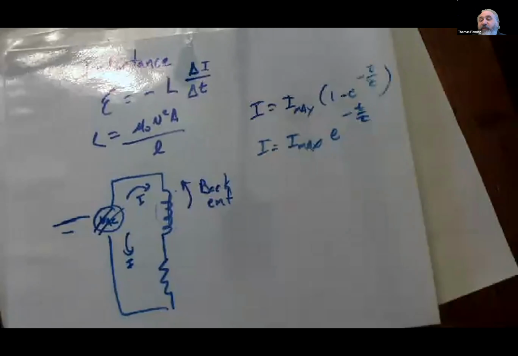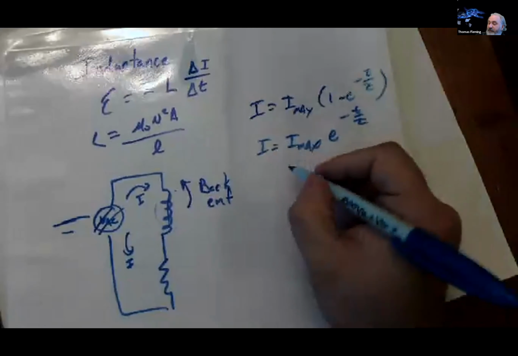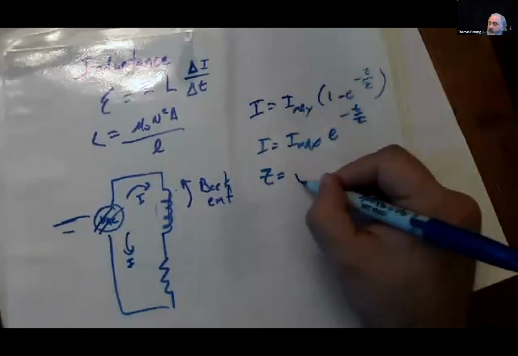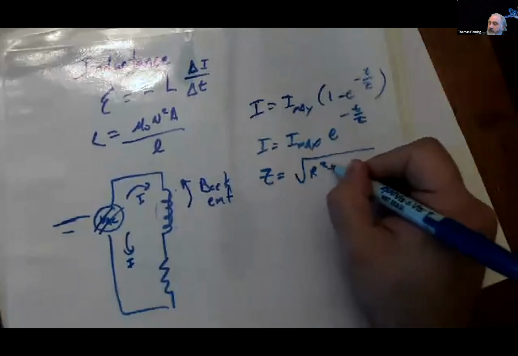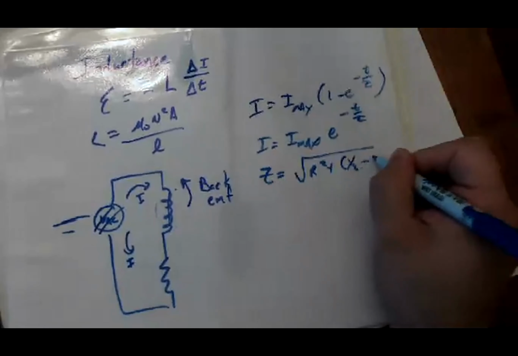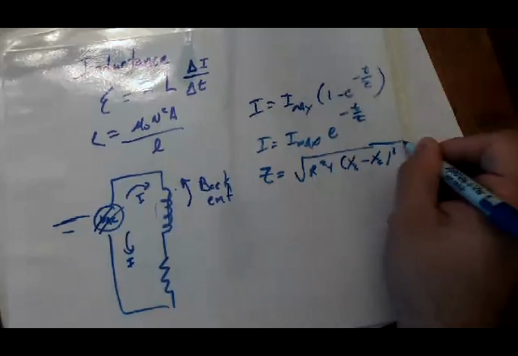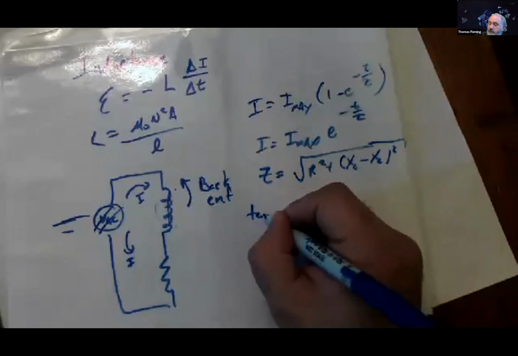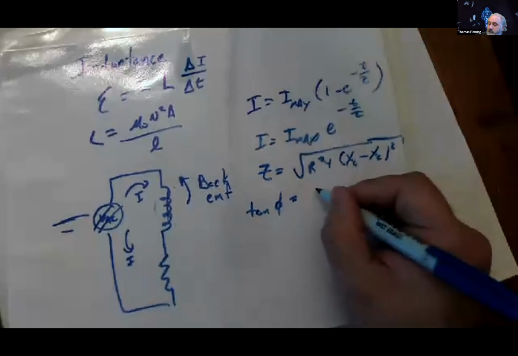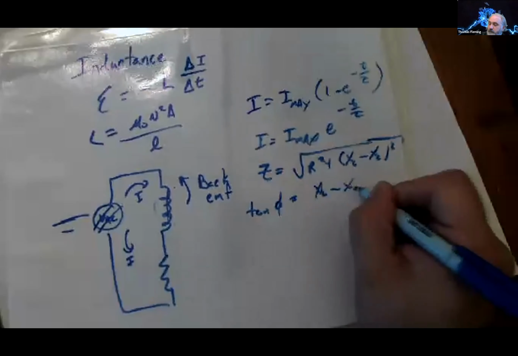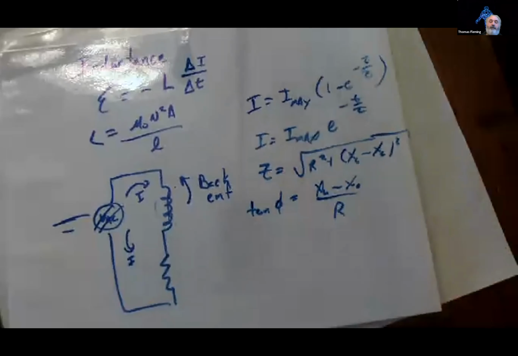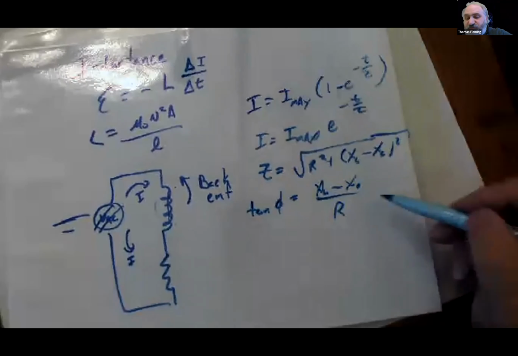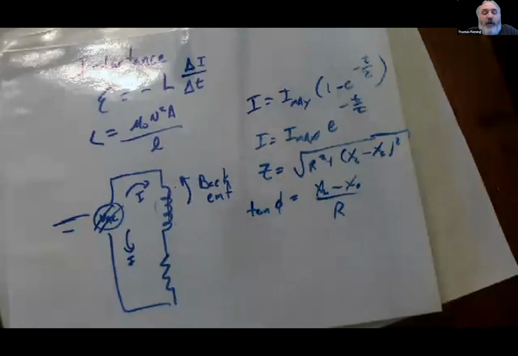And then we learned how to do AC circuits. And in AC circuits, you had to learn about things like the impedance, or the phase shift. And the idea was that this phase shift tells you whether the current in the circuit is lagging or leading the voltage of your power supply.